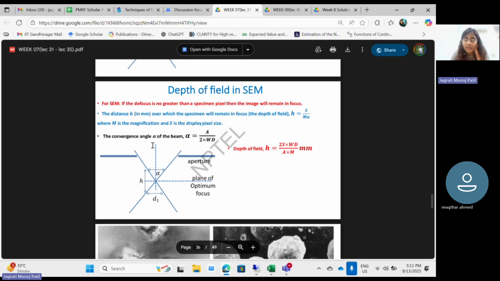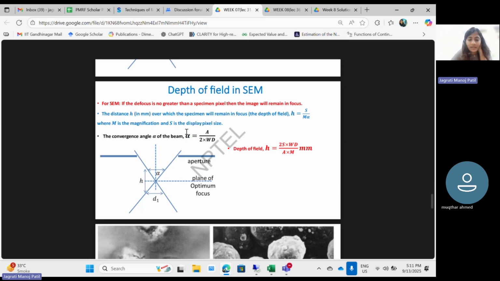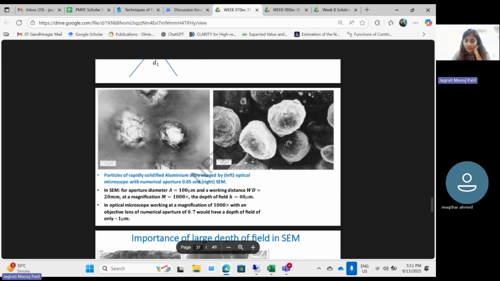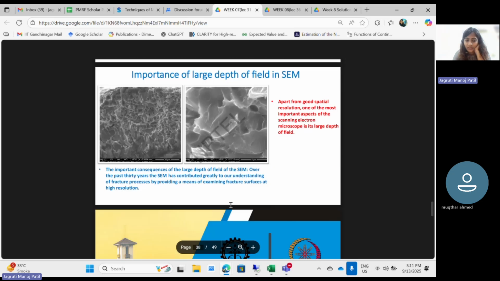So they have taken the sine of it, so opposite relationships, and since it's a total angle, I guess here they're saying about the semi-angle, not the total convergence angle. But okay, these two will only come in that particular case. And then totally, if you mix all of these parameters in here, you get something like this. So that's the area, the complete depth of field, or you can also call it depth of focus. Right. So they have given how it looks like.